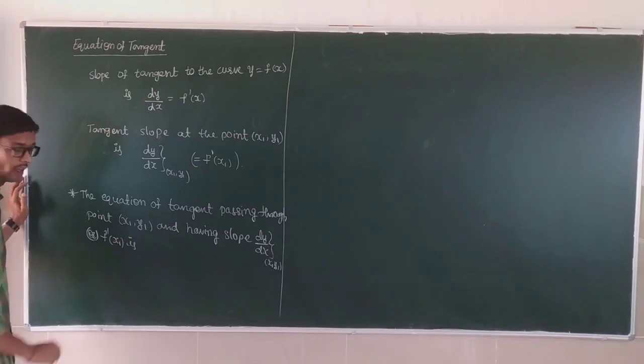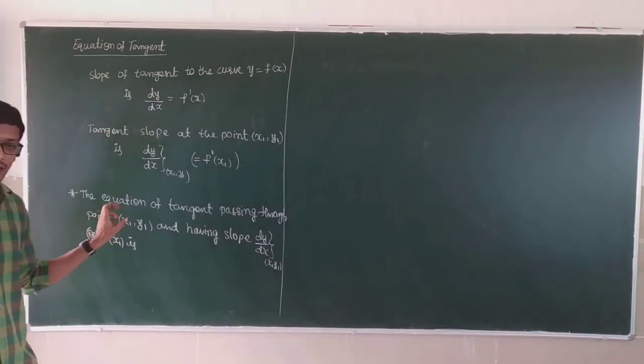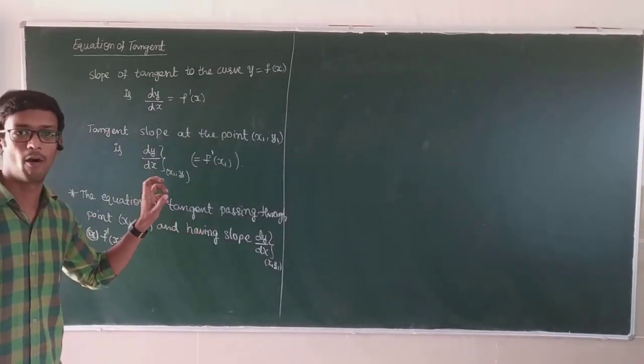So for the tangent passing through the point, we have to use the one point slope formula.